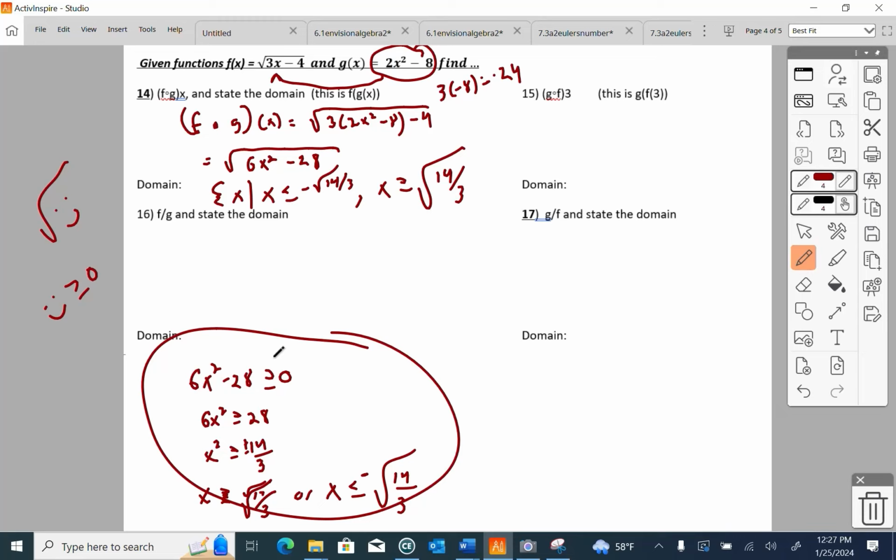Sorry. 17 says find g over f, state the domain. Every student I have can at least write g over f. I don't understand how that is hard. I don't get it. The domain you're going to struggle with. All right?